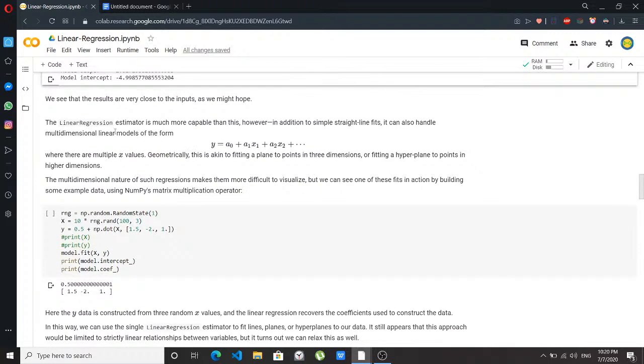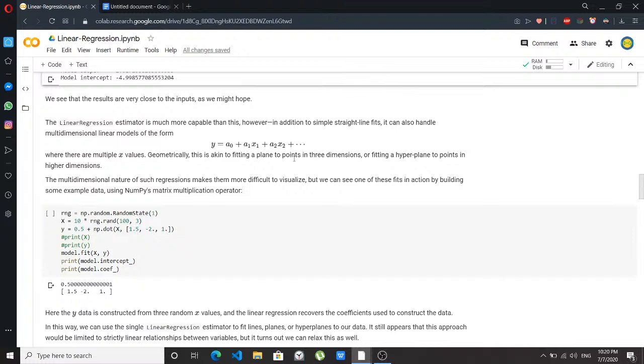Now the multi-dimensional linear model will be of the form y equals a0, that is the constant or the intercept, plus a1 times x1, that is the coefficient of the first variable, then the coefficient of the second variable, and so on.